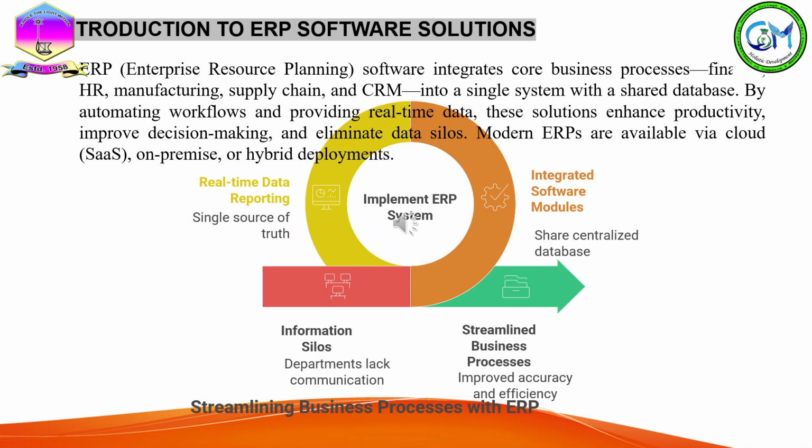Implementing an ERP system provides benefits like eliminating redundant processes, improving accuracy, and allowing real-time data reporting from a single source. However, companies must carefully implement ERP systems and be willing to change outdated processes for the system to be effective. So ERP is a suite of integrated software modules that share a centralized database.